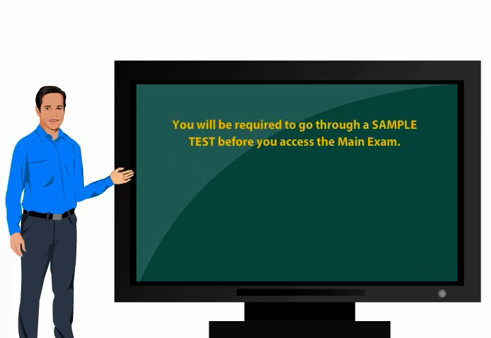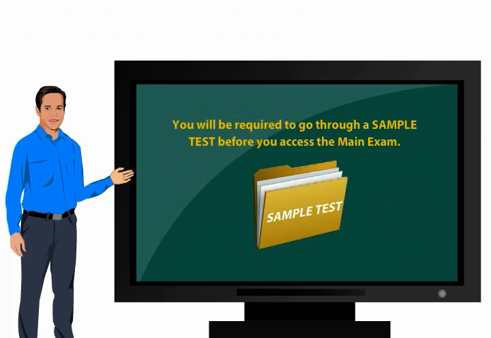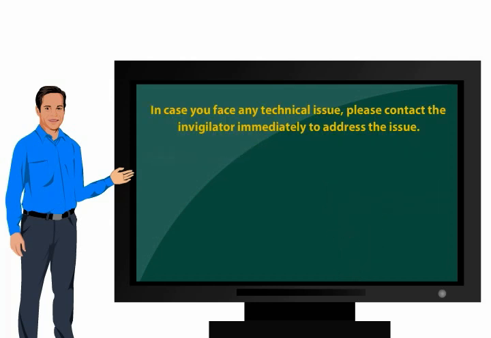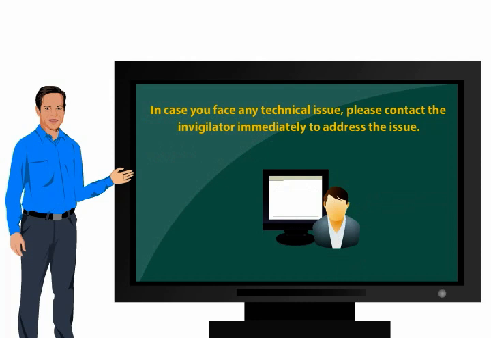You will be required to go through a sample test before you access the main exam. You are requested to avoid touching the wires and cables, as it could lead to the computer shutting down. In case you face any technical issue, please contact the invigilator immediately to address the issue.